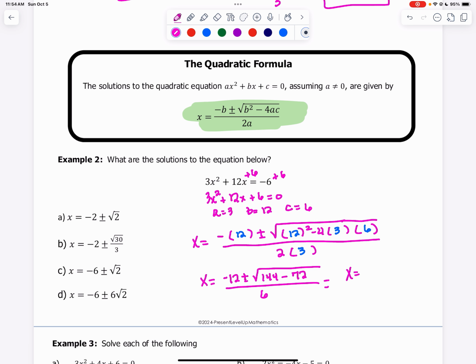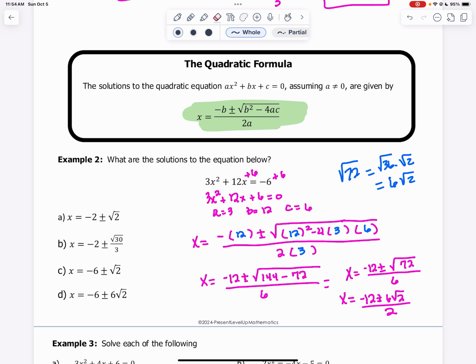So x equals negative 12 plus or minus the square root of 144 minus 72, which is 72, divided by 6. Remember, the square root of 72 is the same thing as square root 36 times square root 2, which is 6 square root 2. So I'm going to simplify this a little bit more and say negative 12 plus or minus 6 square root 2, over 6.